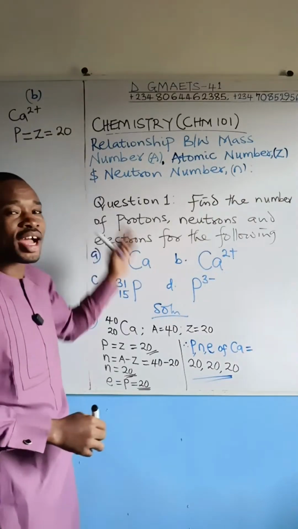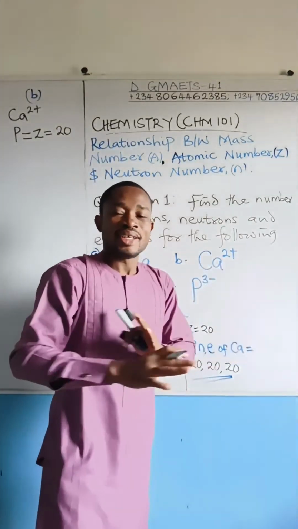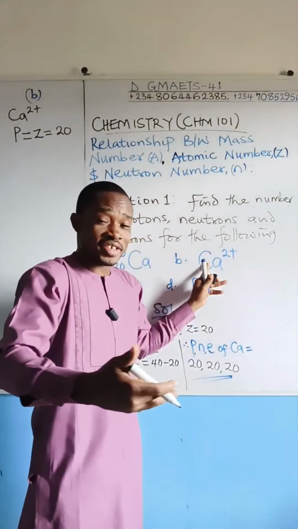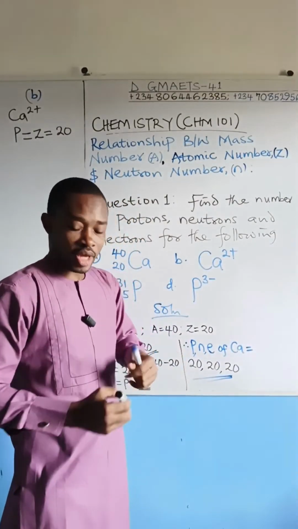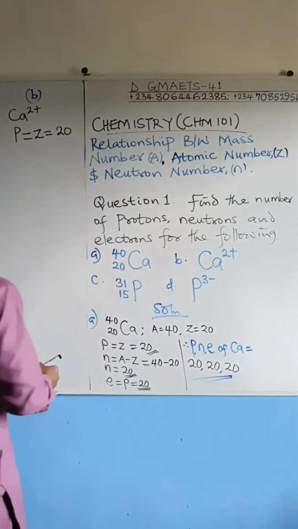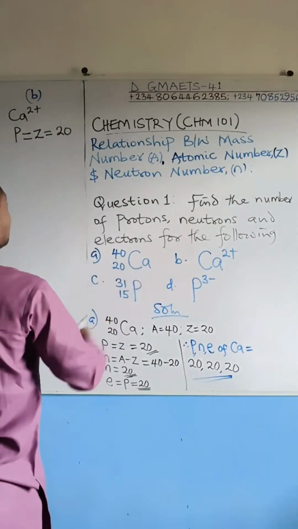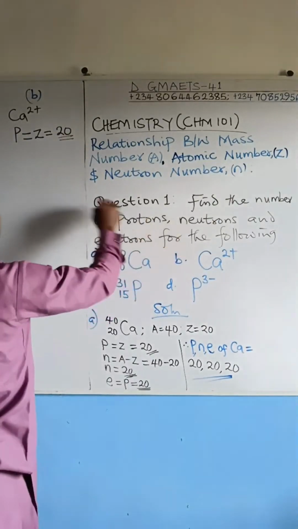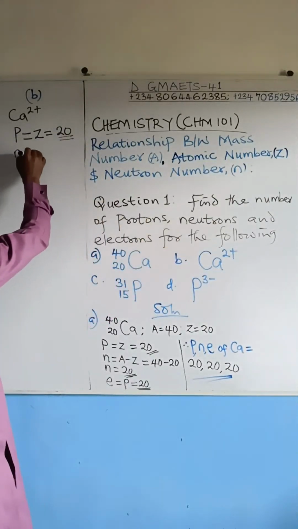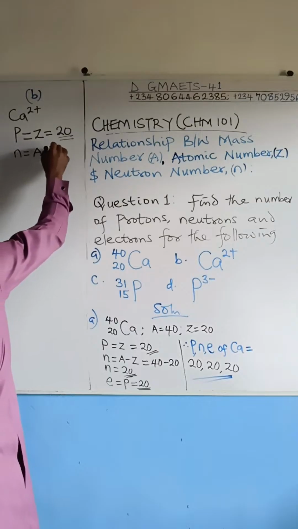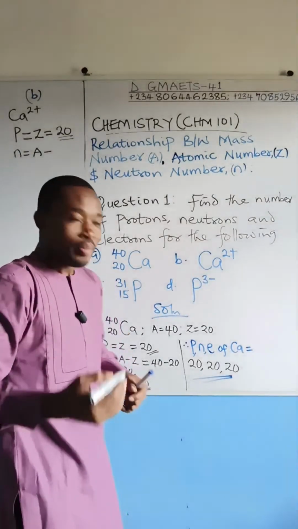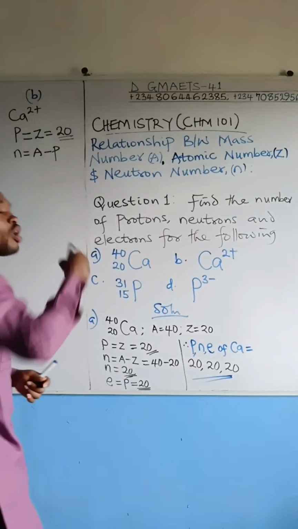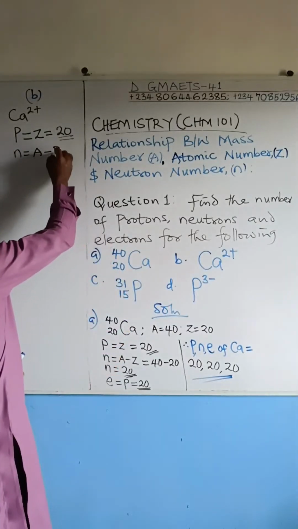So whether calcium has reacted here does not matter. The atomic number still remains the same, so the proton number will still be 20. We have obtained that. Then the neutron number will still be the mass number minus the atomic number Z. But permit me this time around, let me use proton number. Remember, you can still use atomic number.